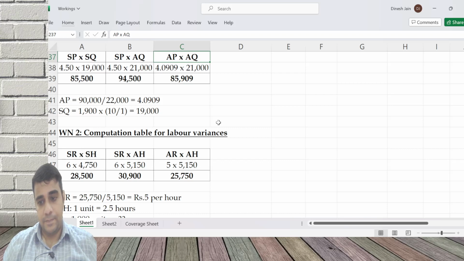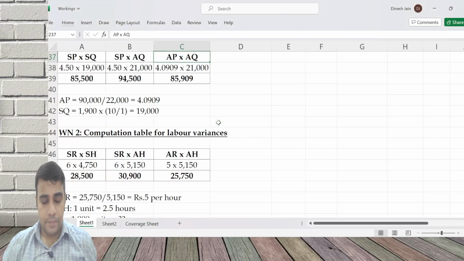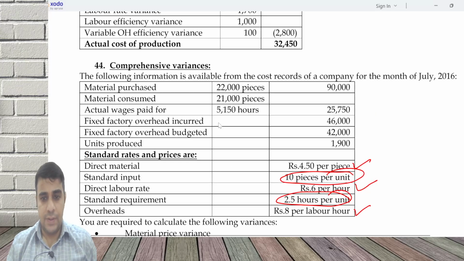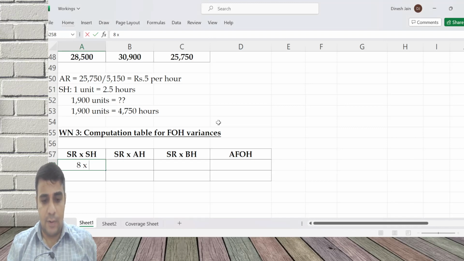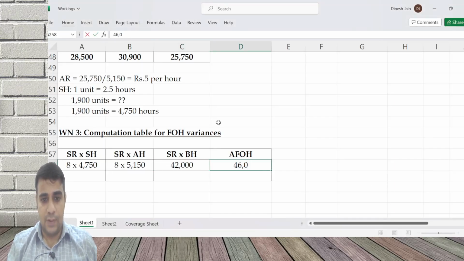These two you can check. FOH, SR is 8, SH is copy pasted, AH is copy pasted, budgeted fixed overhead is given in the question, actual fixed overhead is given in the question.